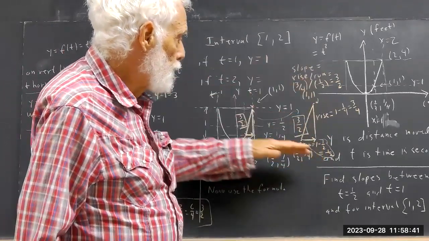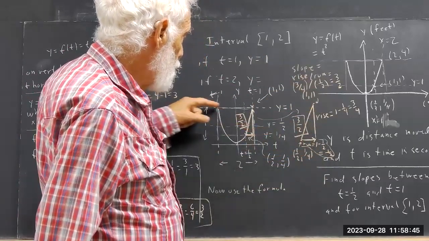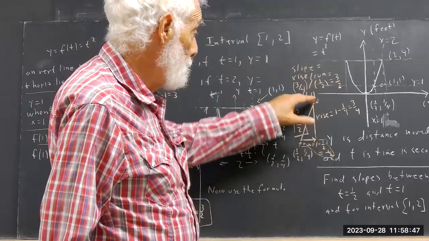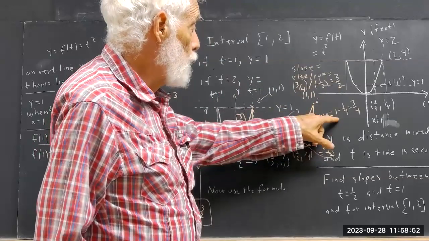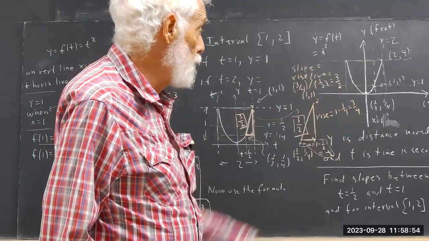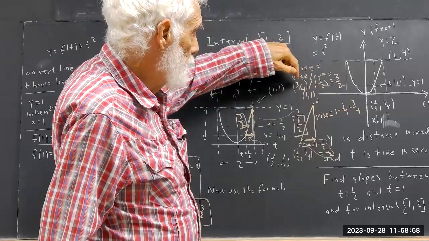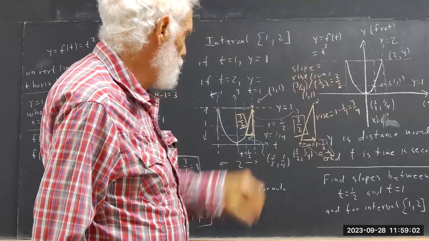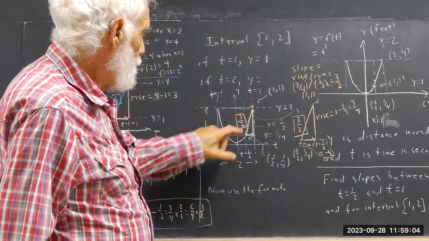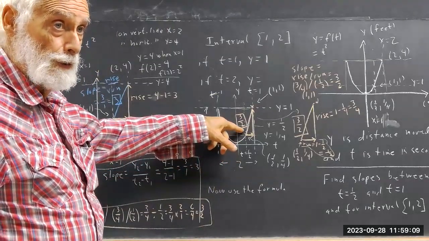The rise goes from the horizontal line where y equals 1/4 to the horizontal line where y equals 1. That distance is 1 minus 1/4, which is 3/4. So your slope is the rise divided by the run, which is 3/4 divided by 1/2, which is 3/2. We put that in the box right here, and then we put a box over here to indicate that the meaning of that 3/2 is slope.